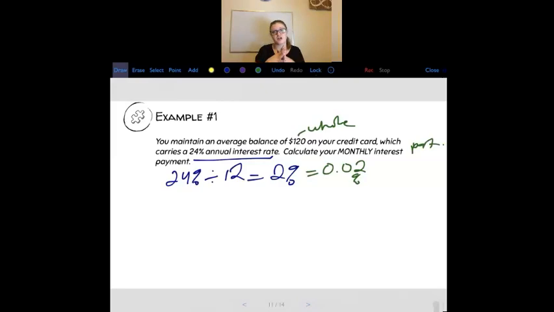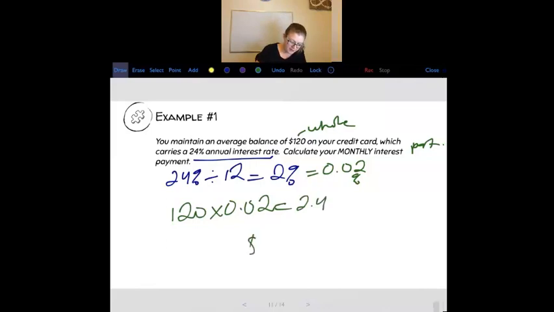So you can set up the triangle like we did in previous lessons, or you might see that you could take 120 times 0.02. Which would give 2.4. So this monthly interest payment based on the scenario is $2.40.